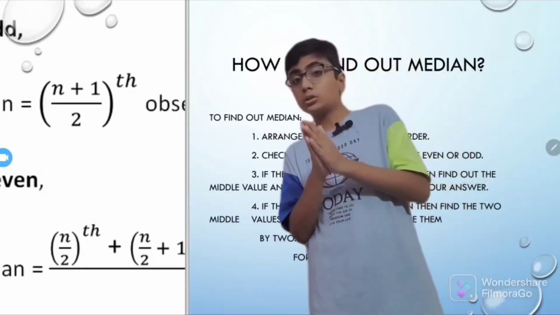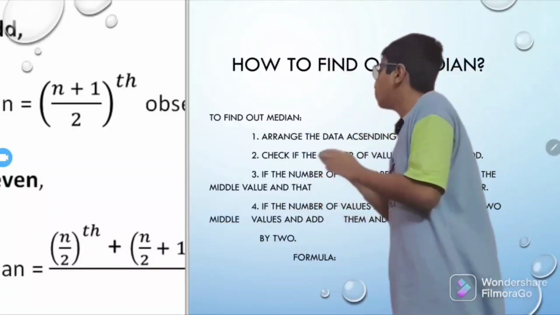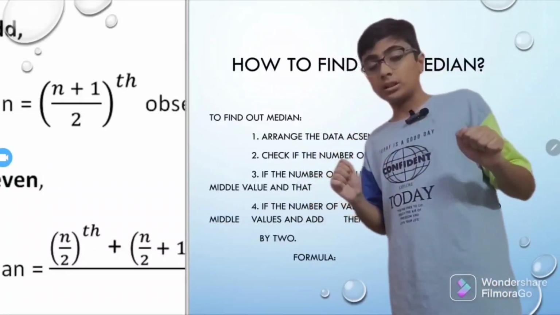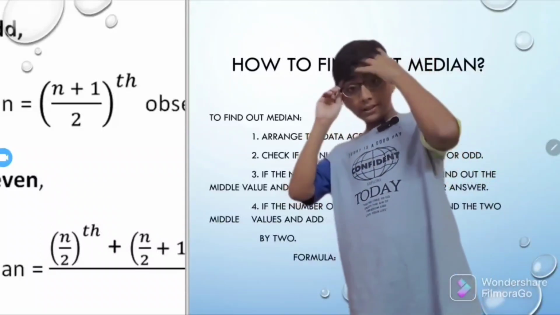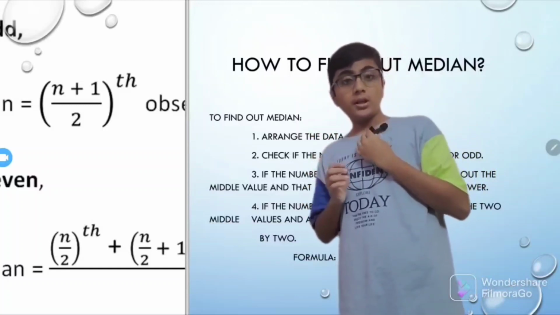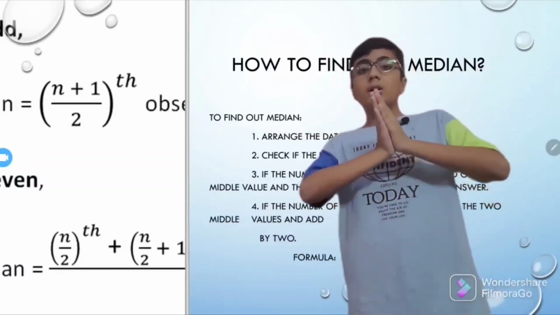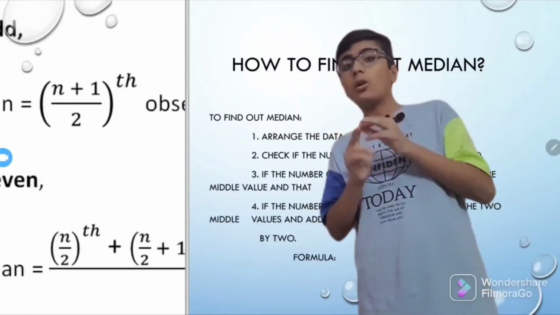To find the median, first of all, we have to arrange the data in ascending order according to the formula. Then we have to check if the number of values is even or odd.